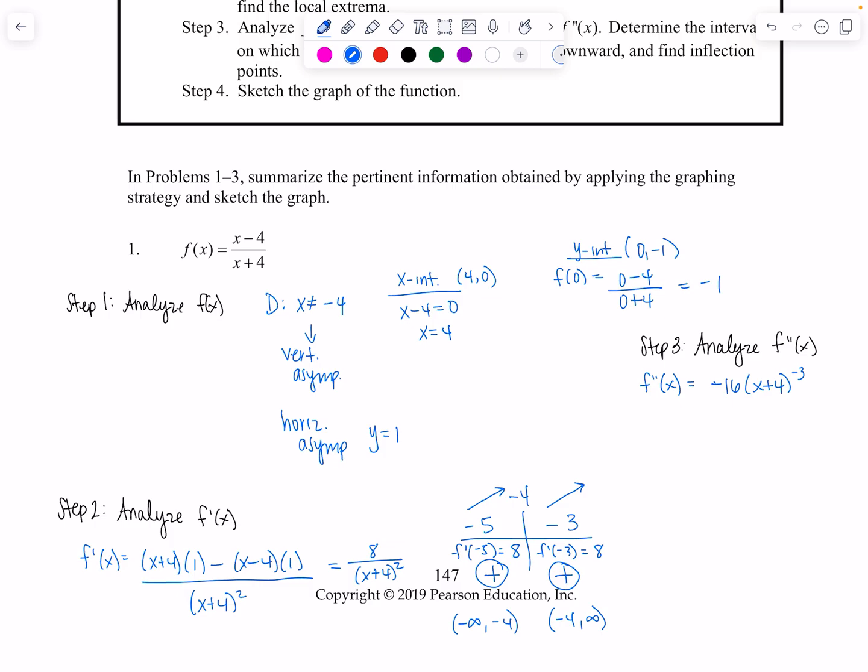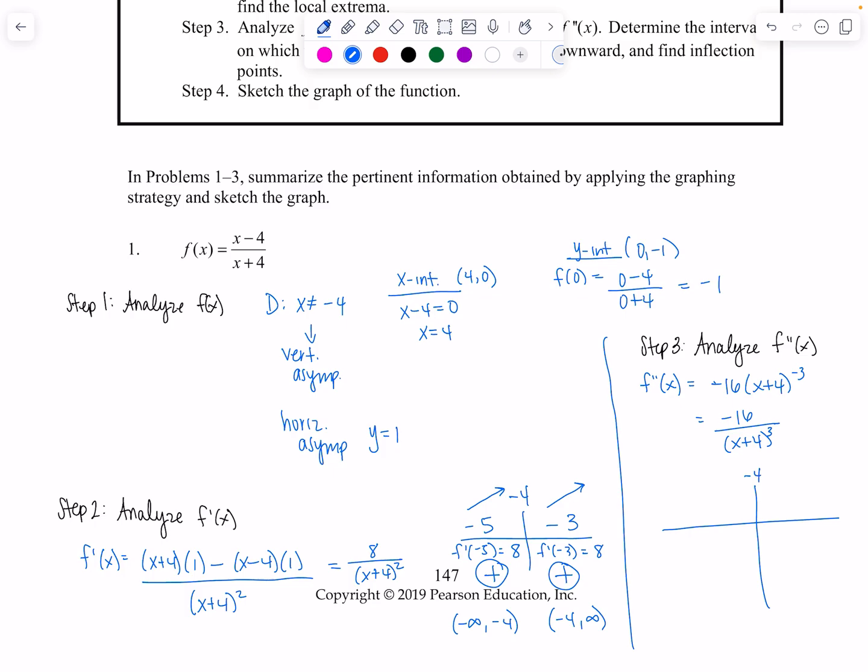And then chain rule times 1. So I can rewrite this as -16 over x plus 4 cubed. And this tells us there's only one partition number, and it's still at -4.